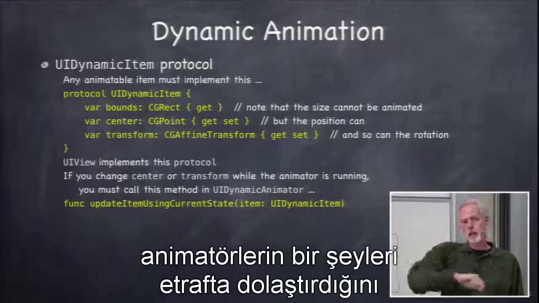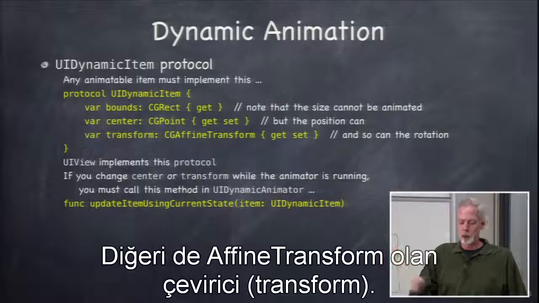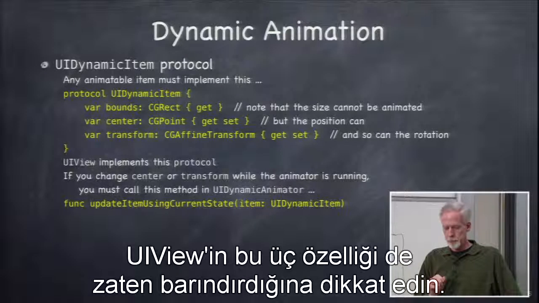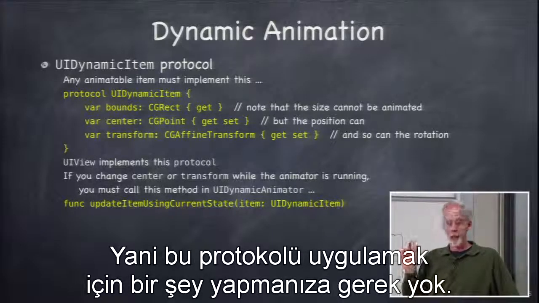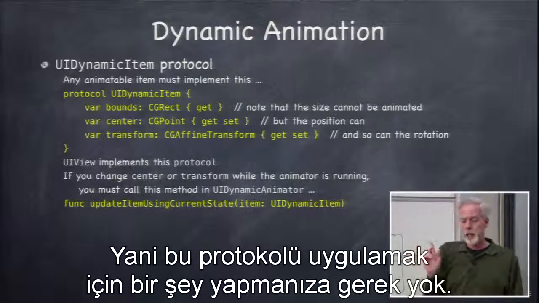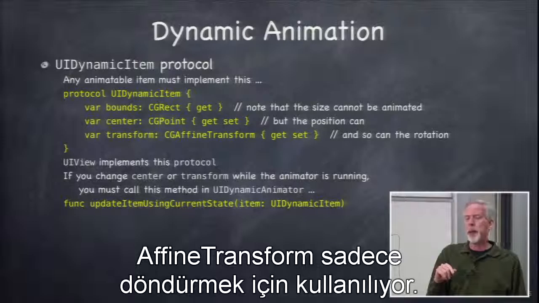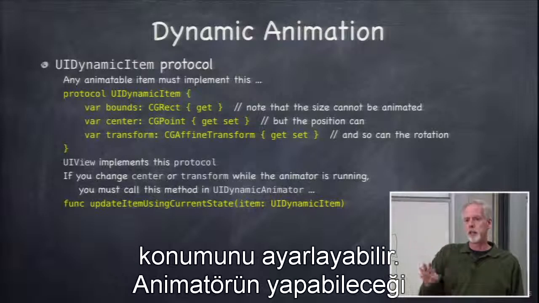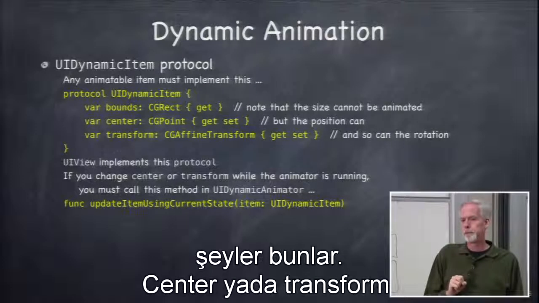So you can see animators moving things all over the place. That's most of what they do. And then also a transform, which is an affine transform. Now notice that UI view already had all 3 of these properties, so it didn't even have to do anything to implement this protocol. That affine transform, by the way, is only used for rotation. So basically the animator can rotate the view or it can position it. That's the thing that the animators can do.